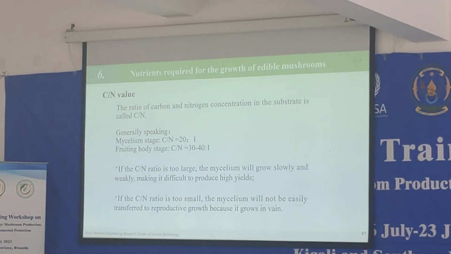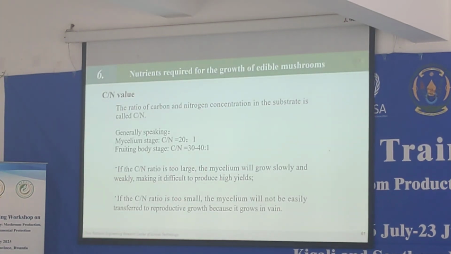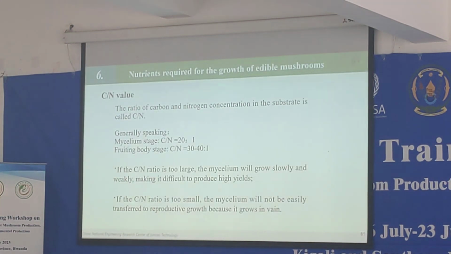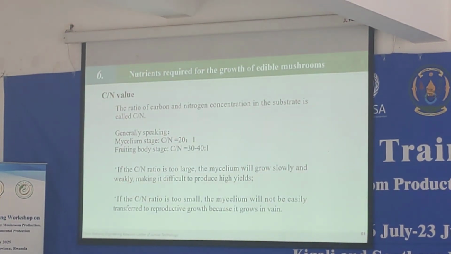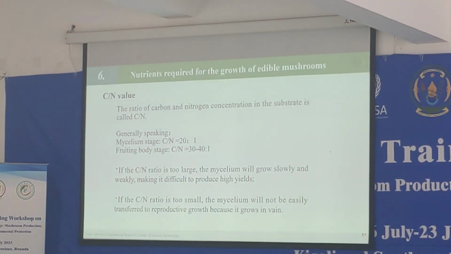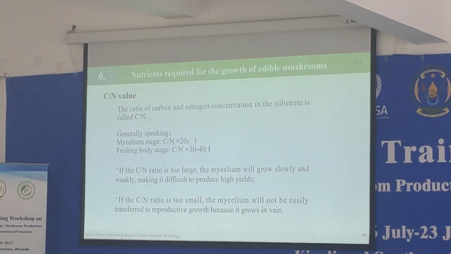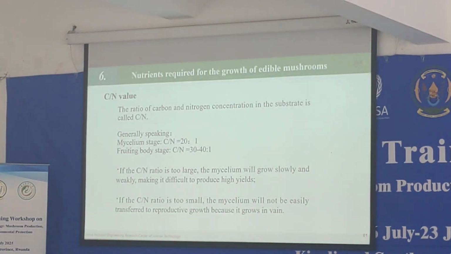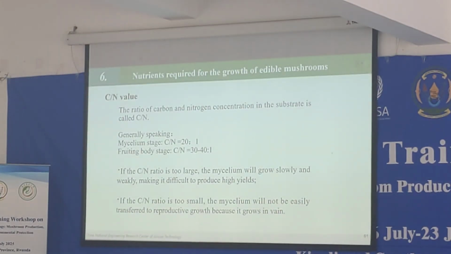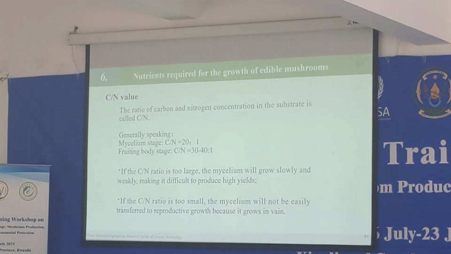So normally we make the substrate according to the mycelium stage ratio. If the ratio of carbon source to nitrogen source is too large, the mycelium will grow slowly and we cannot get good production. If the ratio is too small, the mycelium will not easily transfer to reproductive growth.